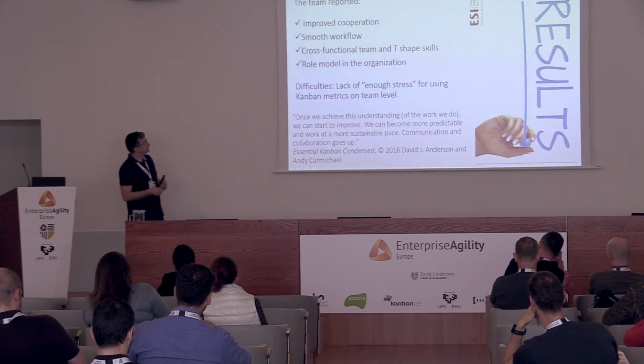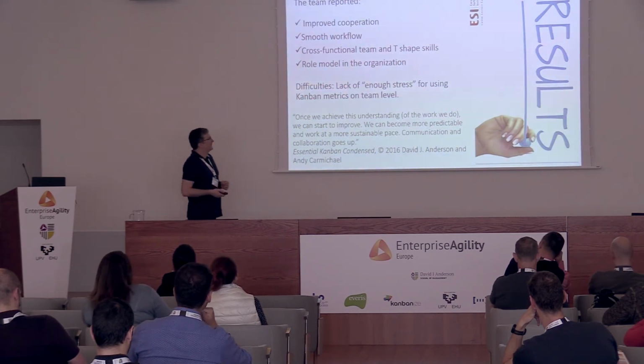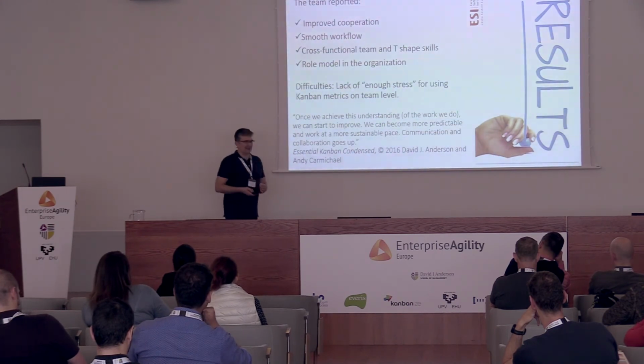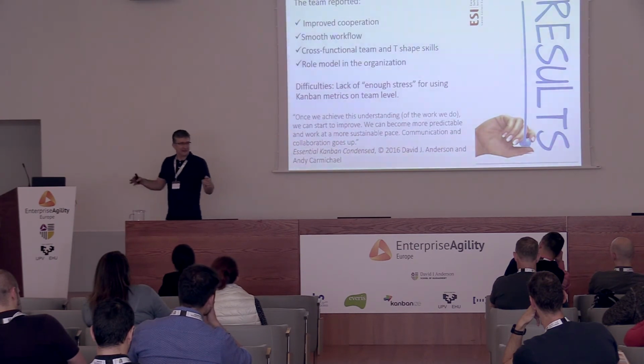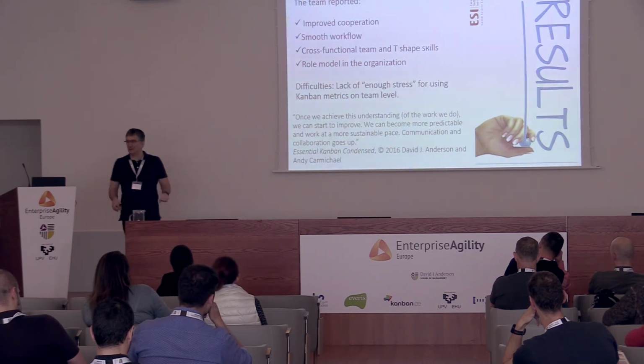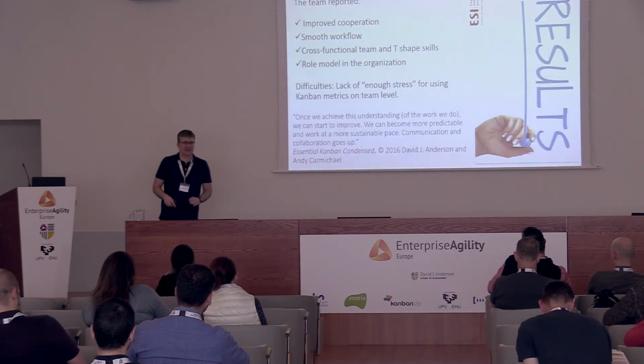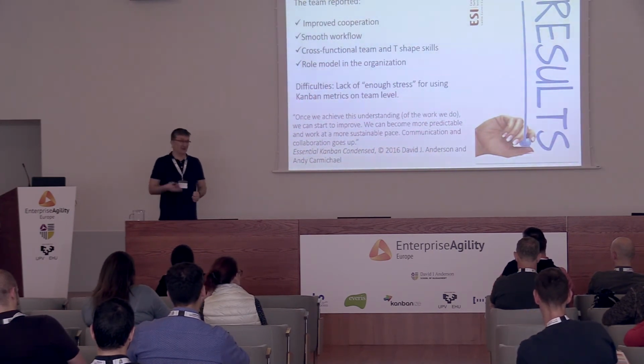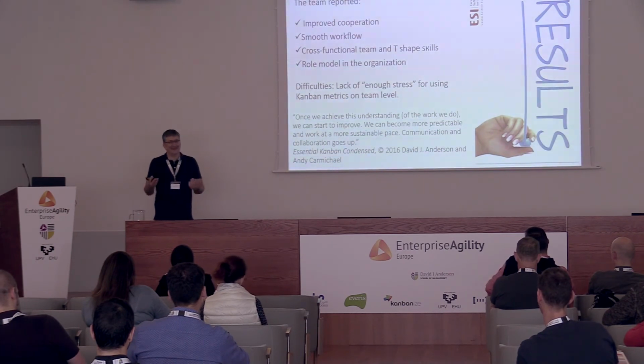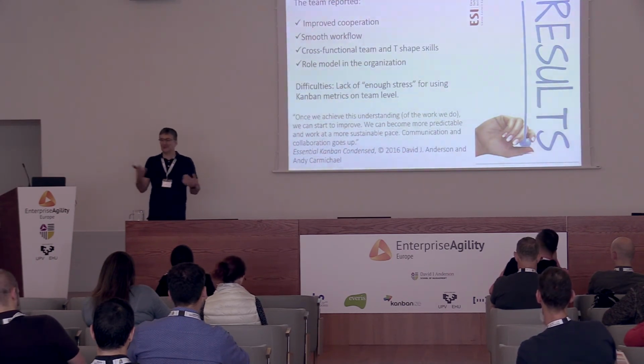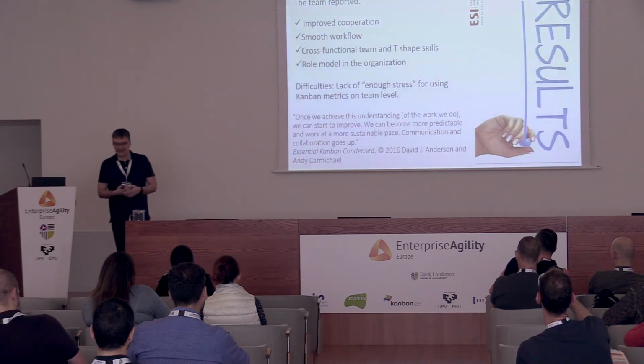Difficulties? Lack of enough stress for using Kanban metrics on team level. The team achieved the objectives. They're on the plateau. They're satisfied by their board. Using metrics in a physical board is not an easy task at all. I have heard that some teams are able to do this, but I have not seen it.